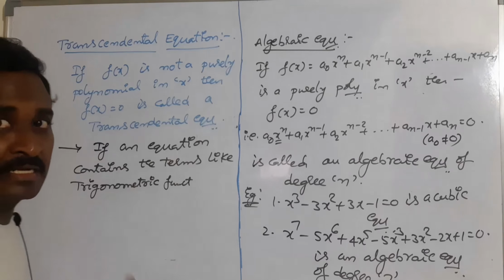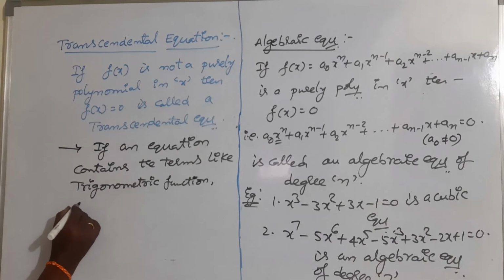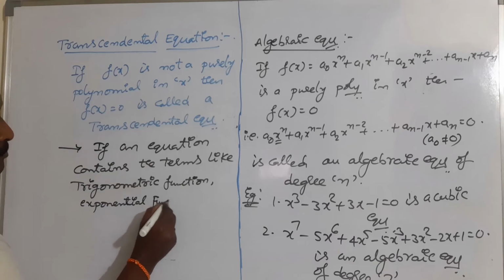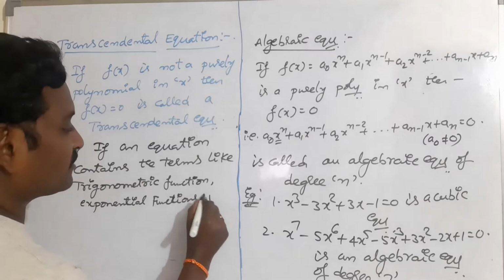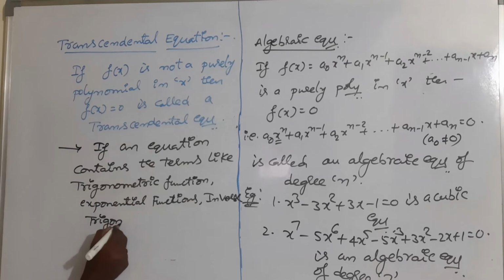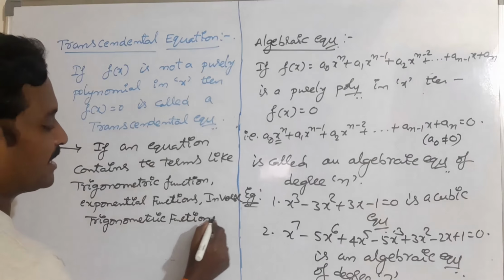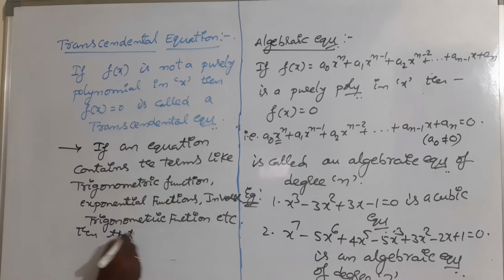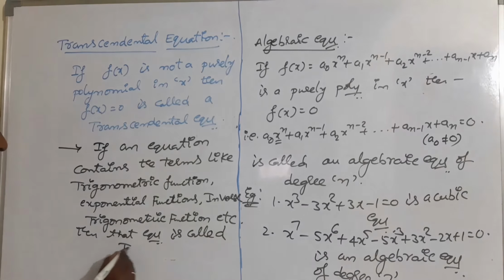Sine, cos, tan, secant, cosecant, etc. Or exponential functions, or inverse trigonometric functions, etc. Then that equation is called a transcendental equation.